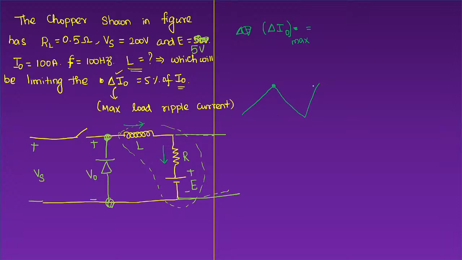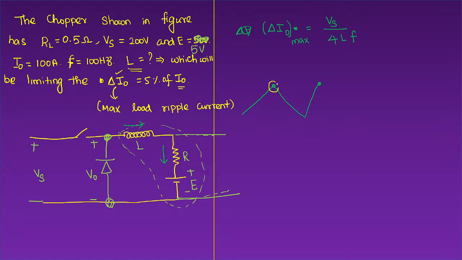So during this rippleness, what is the maximum peak value? For that, the direct formula is what? We can write supply voltage Vs upon 4 times inductance L times frequency F. We might have calculated this, right? Now you can substitute all the values. See, what is the del I naught maximum here? Let me substitute.